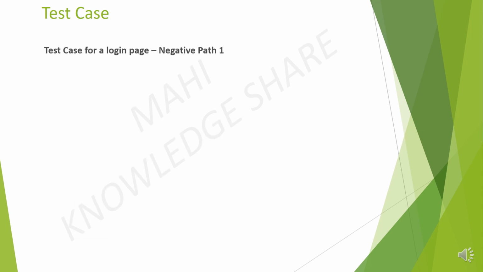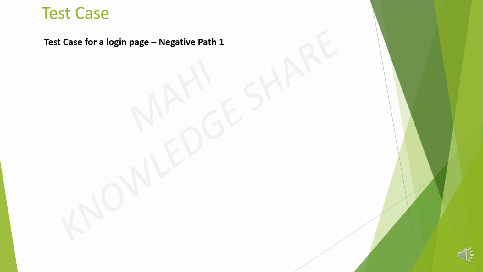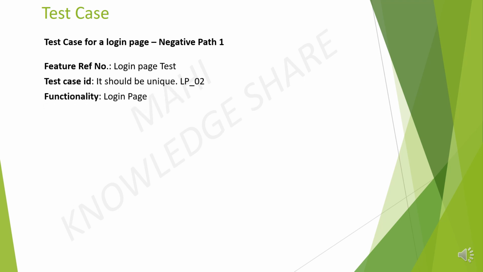Next, test case for a login page with negative test case or negative path. Reference number, it's a login page test. Test case ID, it should be unique. Functionality, login page.